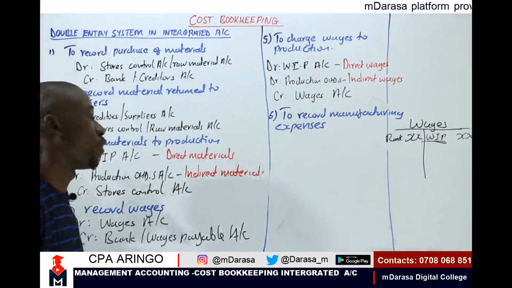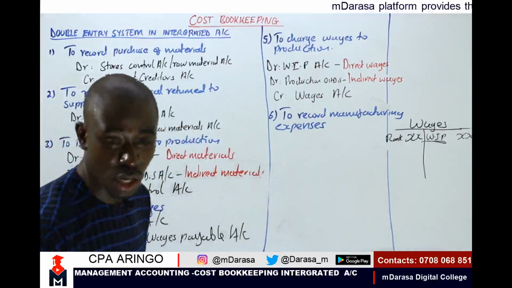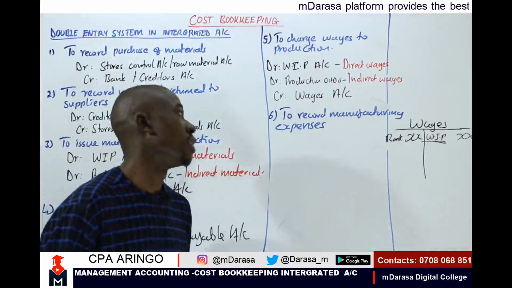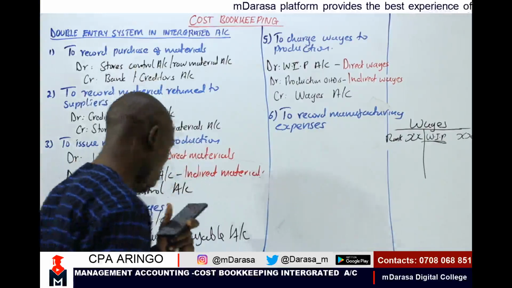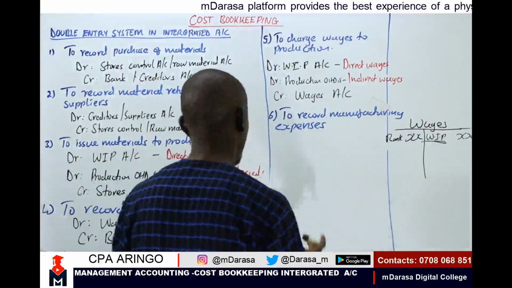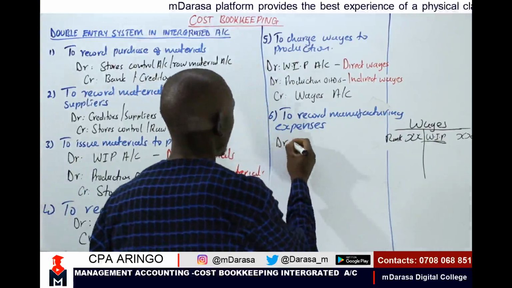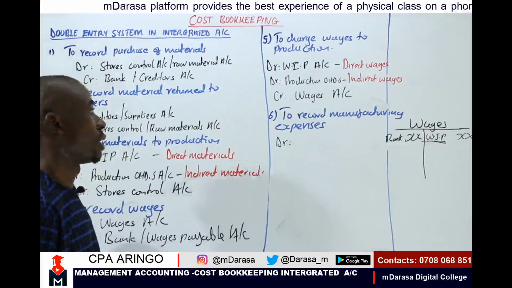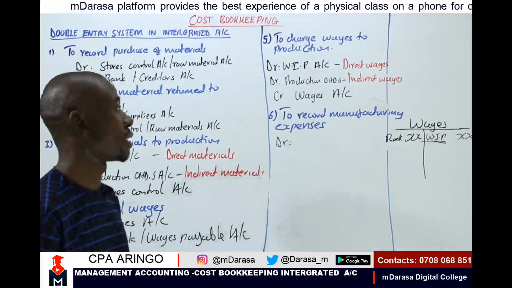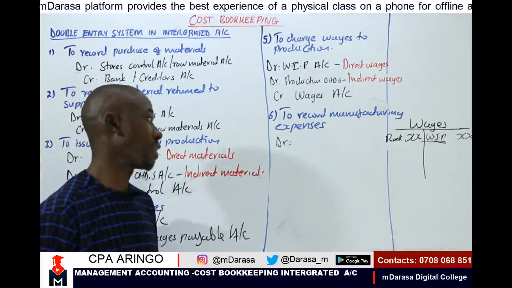So to record manufacturing expenses, which accounts are we going to consider? Number 1, as at the end of the day, I know I should be having production, because I had mentioned production overheads account as part of our expenses account.